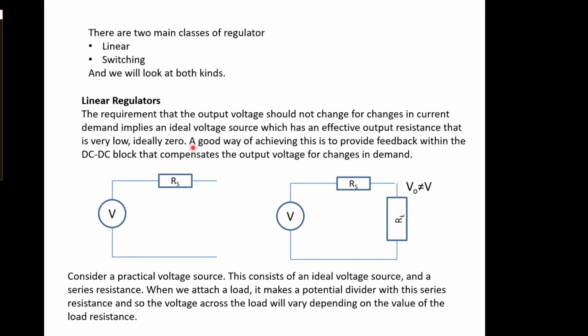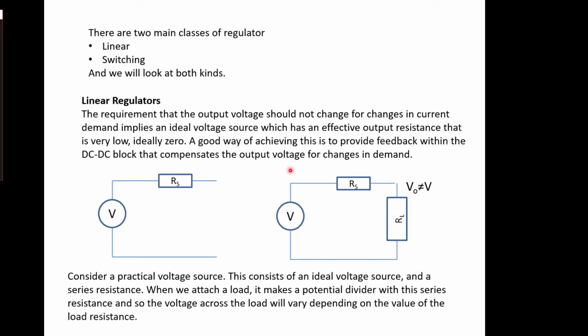We can't get that, but a good way of achieving this is to provide feedback within this block. What we're effectively saying is that if this load changes, and in this non-ideal world this means that this voltage will drop or at least change depending on which way the current goes, we can compensate for that by increasing this voltage accordingly.